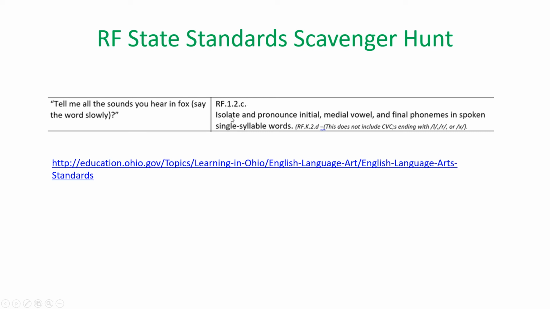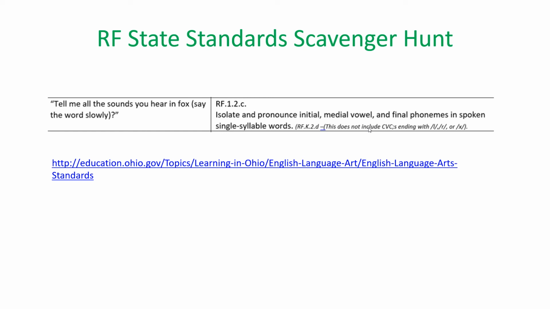And then you also want to include the text that is with that standard. So we not only know the number, but we also know the text that explains what it is that kids are learning. Make sure your standard matches the learning objective that you have.